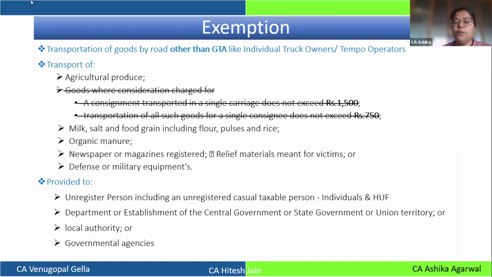So if a transporter has chosen forward charge, under forward charge, what rate they use, 5, 12, doesn't matter. If they have chosen forward charge, then as a recipient, we were not liable to pay the tax on the same. And where the GTA has chosen RCM, obviously over there also they need to give the declaration. And as we discussed, the tax invoice will mention that it needs to be paid under RCM.